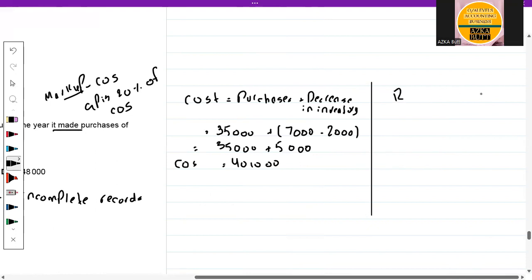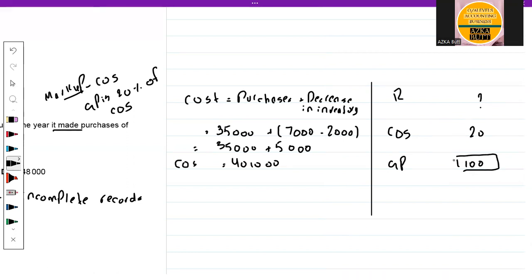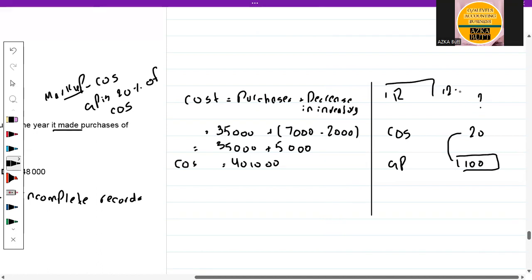Let's suppose the cost of sales is 100 and the GP is 20. To find the revenue, you just need to add GP to the cost of sales, so revenue will be 120%.